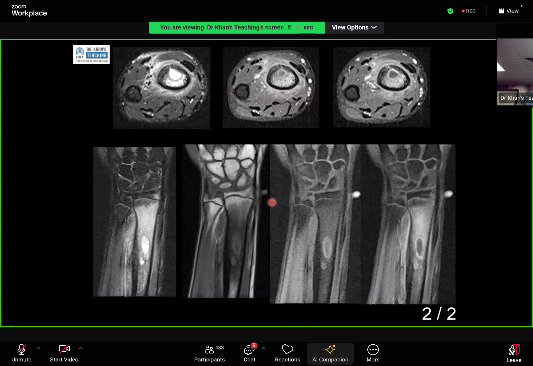A lot of edema which is low on T1, high on STIR. Now on an axial sequence, you can see a sort of a cloaca which is communicating with the surrounding soft tissue phlegmon, which is enhancing. You can see this enhancement and look at this hole here, the breach in the cortex.